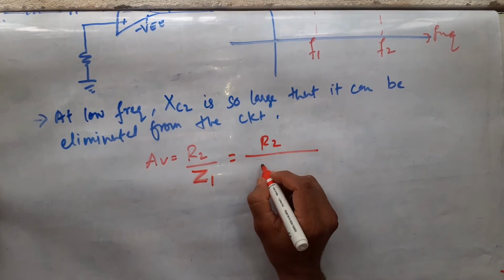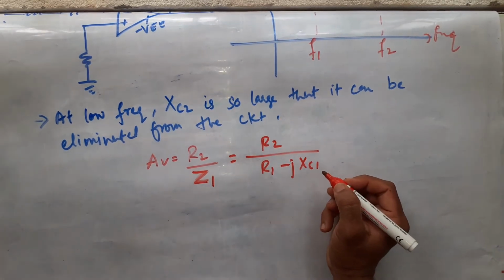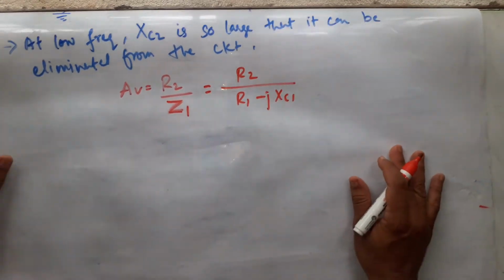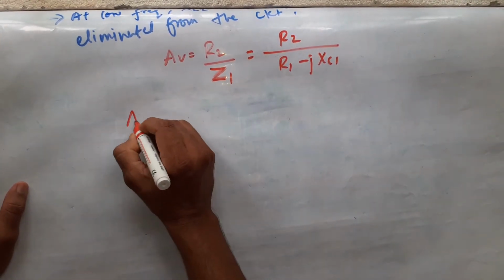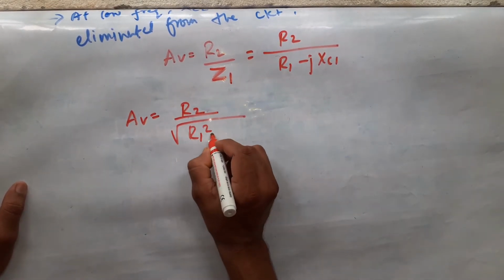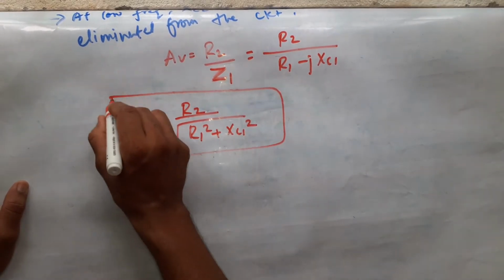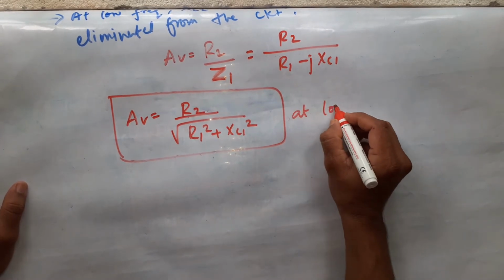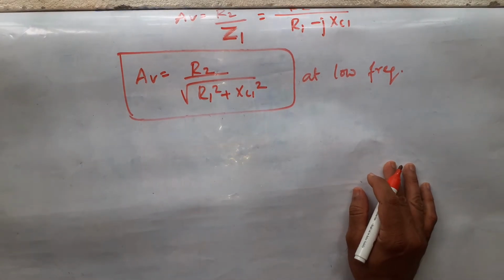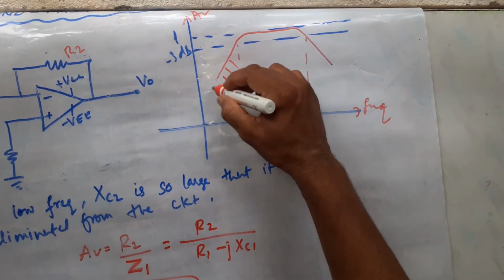Z1 equals R1 minus j XC1. By taking magnitude, I can write AV equal to R2 divided by root of R1 square plus XC1 square. This is what the gain is at low frequency, means at this portion.